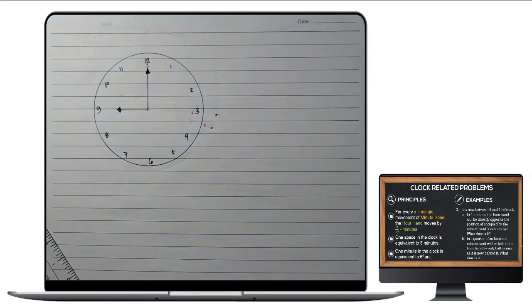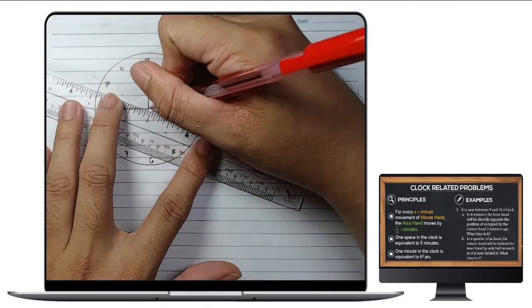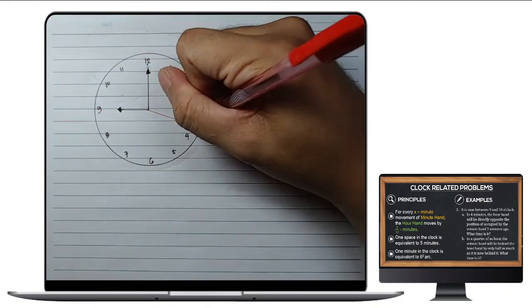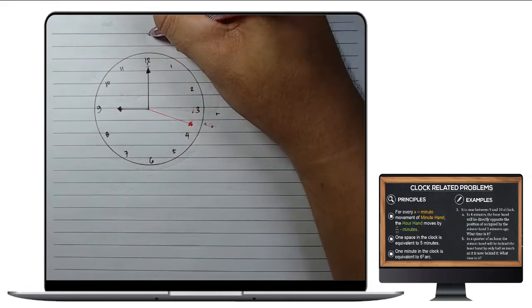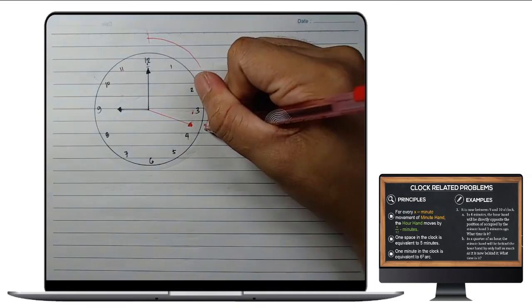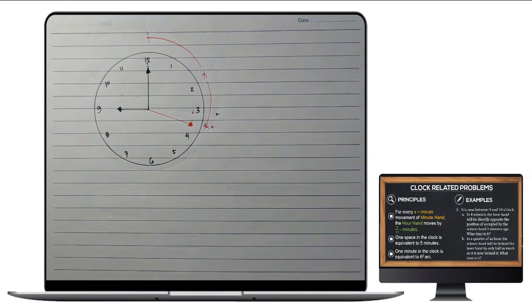Okay, so after some time, let's have the minute hand, let's say it went through here. The minute hand is here now. So from this point going to this point, the minute hand moved by X minutes.